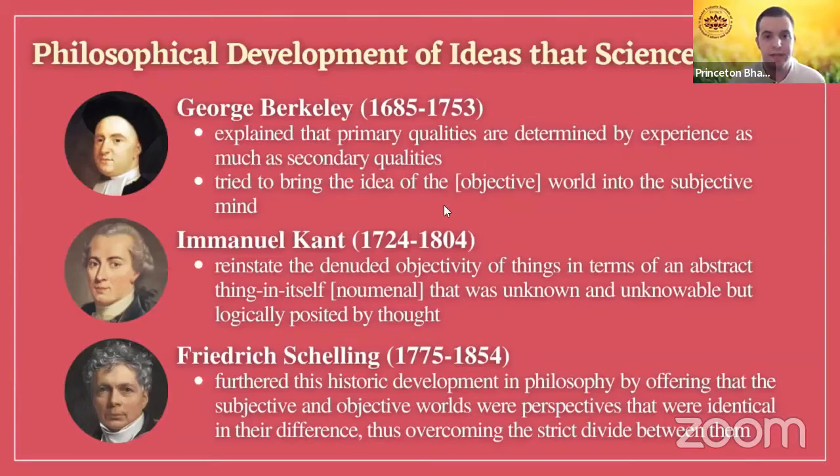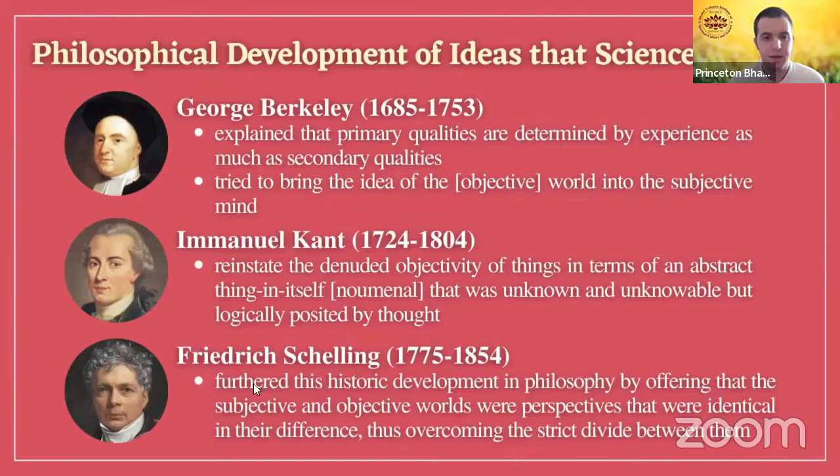He tried to bring the idea of the objective world into the subjective mind. Then we have Kant, who tried to reinstate the denuded objectivity of the things in terms of an abstract thing in itself, the noumenal, that was unknown and unknowable, but logically posited by thought.